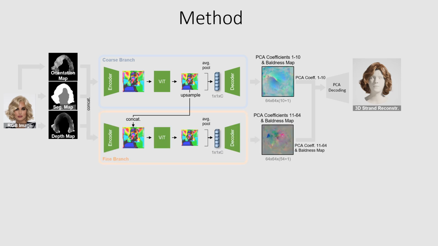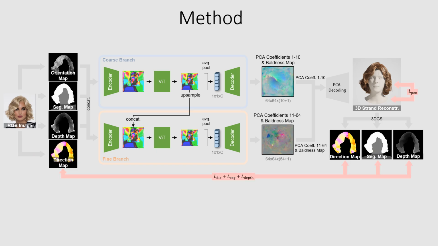During the fine stage, we use the same architecture. We concatenate features obtained from the coarse branch and predict the remaining 54 PCA components and a refined baldness map. To mitigate the domain gap between synthetic and real images, we propose to train our model on both synthetic and real data at the same time. While on synthetic data we compute 3D reconstruction losses, for real images we do not have ground truth 3D geometry.